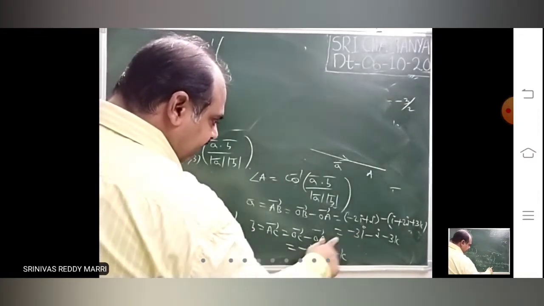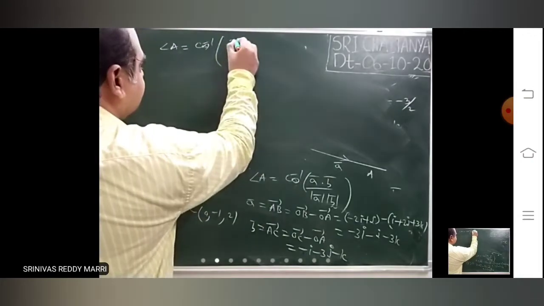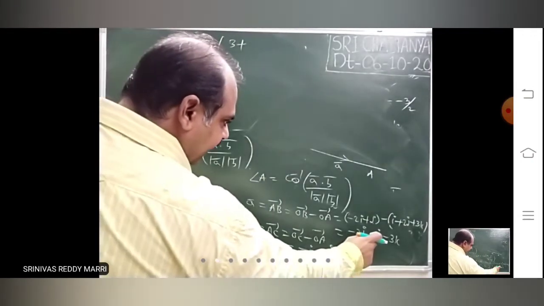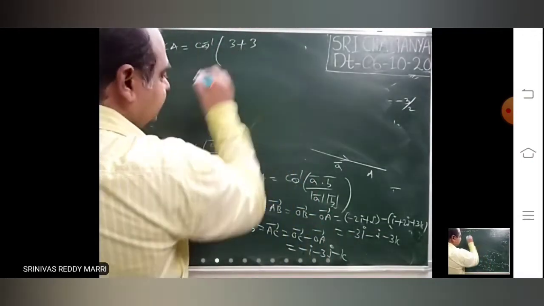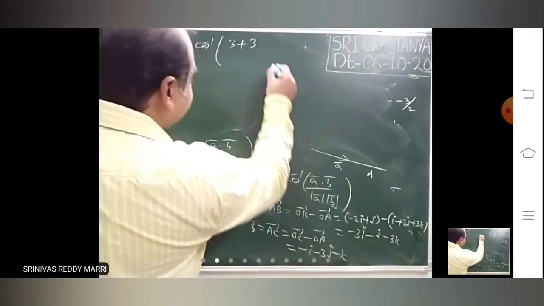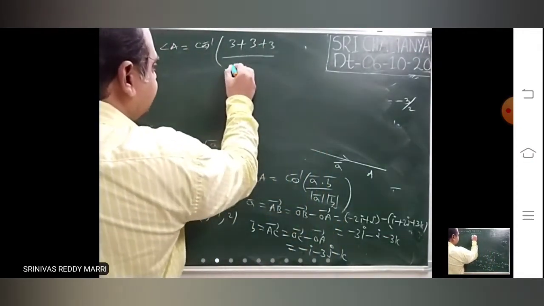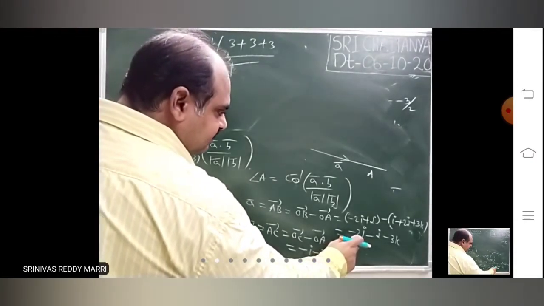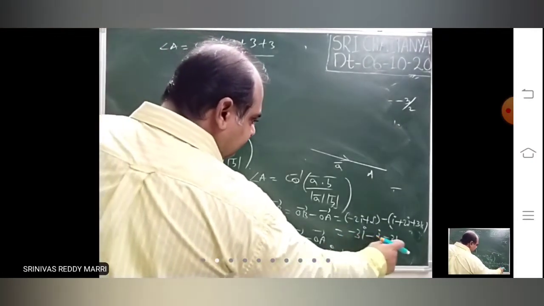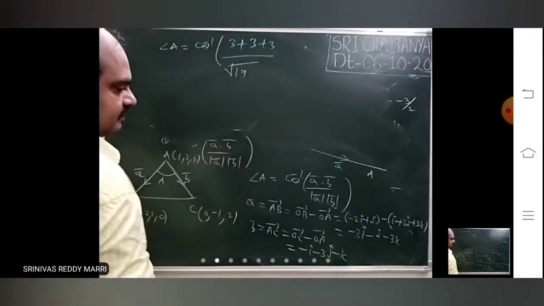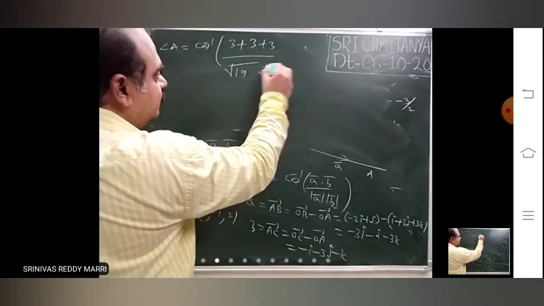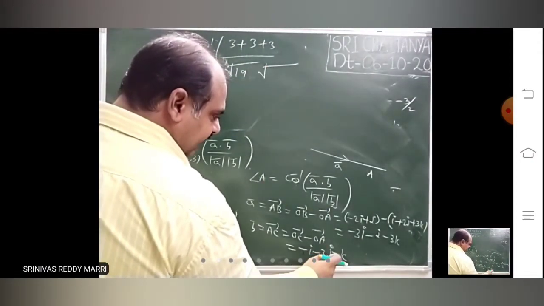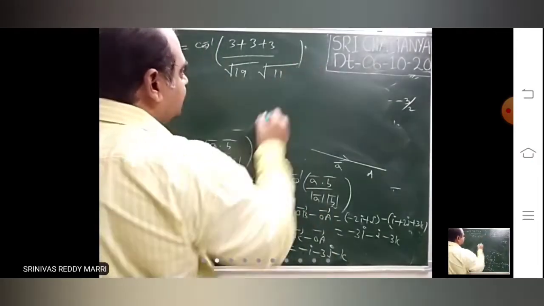Dot means, as I told, minus 3 into minus 1, 3, plus minus 1 into minus 3, 3, minus 3 into minus 1, plus 3, divided by the magnitude of this, root of 9 plus 1 plus 9, root 19, into root of 1 plus 9 plus 1, root 11.